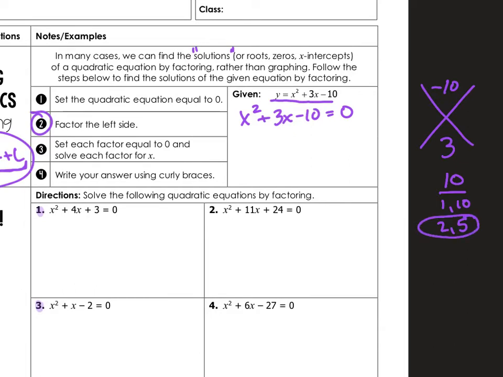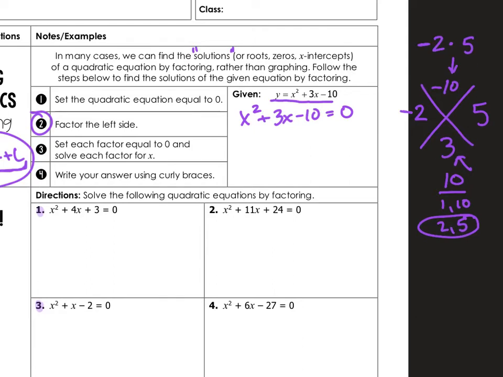Now here's how we determine which factor is going to be negative. Hopefully you see one of these is going to be negative because our multiplication should come out to a negative 10. So 2 times 5, one of these is going to have to be negative because this is a negative 10. Well, since this is a positive 3, it looks like our 5 is going to have to be positive and our 2 is going to have to be negative.